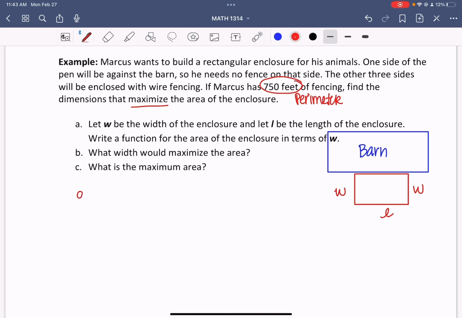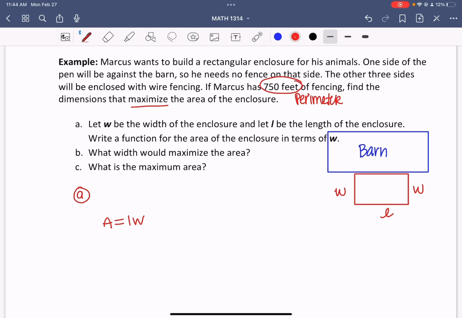Okay, so part A. I'm going to first write a situation to represent this area. Well, I know that area is equal to length times width. And I don't really have much more information, but this is where the perimeter comes into play. Perimeter is going to help you to create your area equation into one variable, because right now I've got L's and W's.